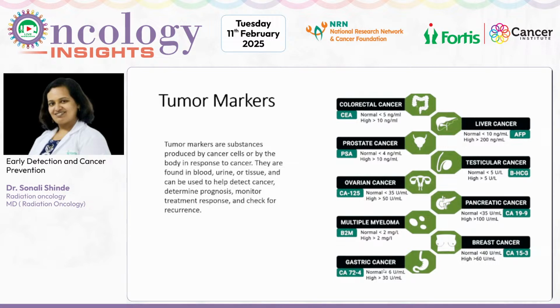These tumor markers can help in screening, monitoring of treatment, and sometimes diagnosis, like in liver cancers, where if AFP is more than 200, then there is no requirement of any biopsy, and to check for recurrences regularly.